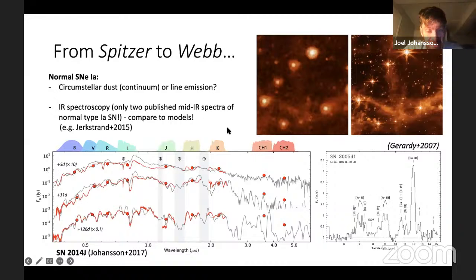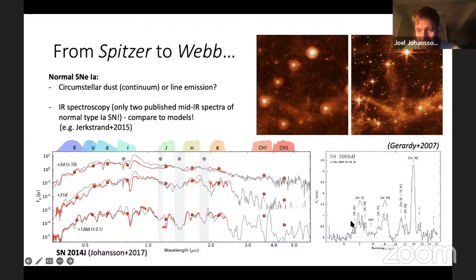And there's really only 2 observed spectra of normal Ia supernovae with Spitzer, and they look a bit like this.